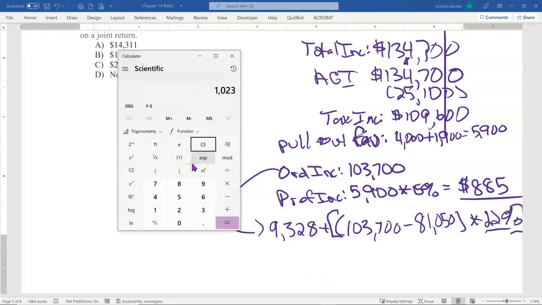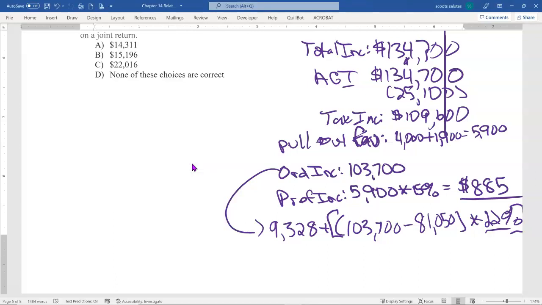I would say 103,700 minus 81,050 multiplied by 22%. And I'm going to add that to 9,328. So the ordinary income part comes to $14,311.